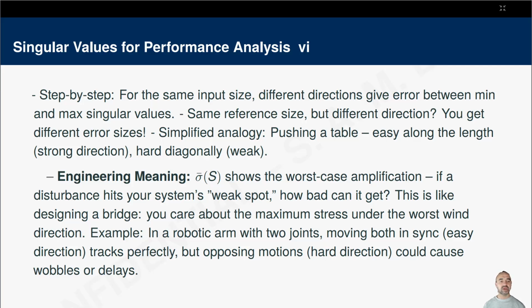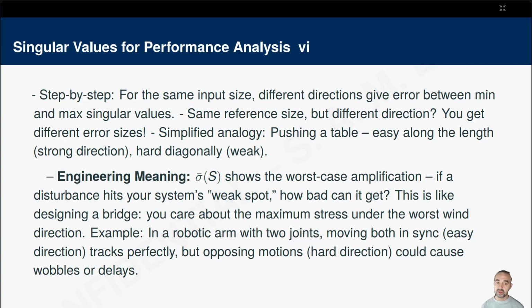Let's go through it again step by step. For the same input size, different directions give error between the minimum and maximum singular value. And that, besides math, physically makes sense.